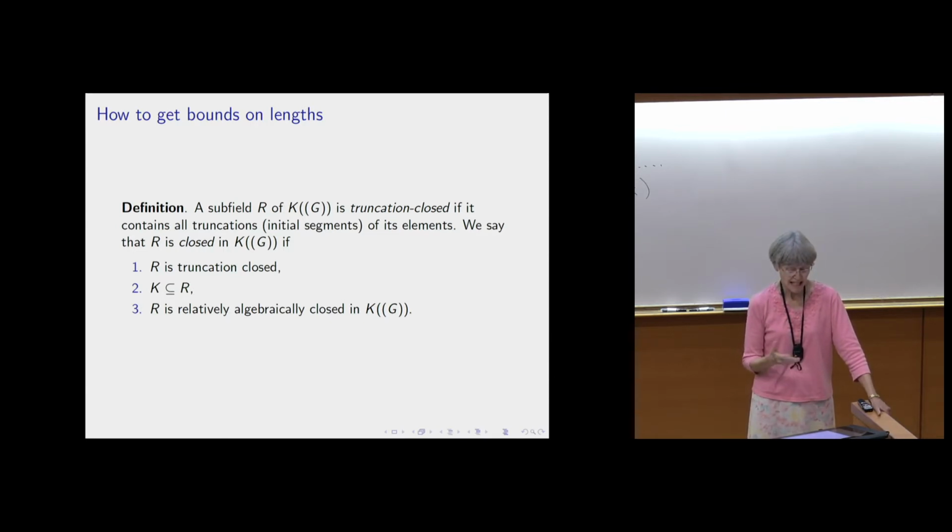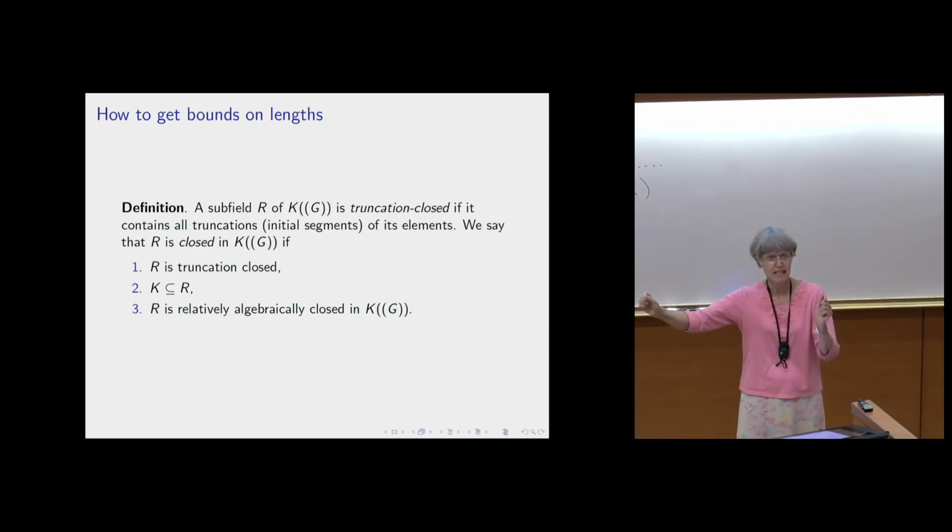So let's take a subfield R of the Hahn field. K, let's say, is algebraically closed of characteristic 0, and G is a divisible ordered abelian group. And we take a subfield of it that is truncation closed. What that means is that it has the initial segments of all of its elements. So if we have a long series, we can chop it off at some initial segment, and that has to be present.